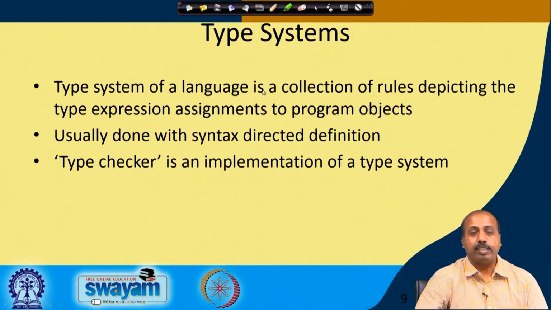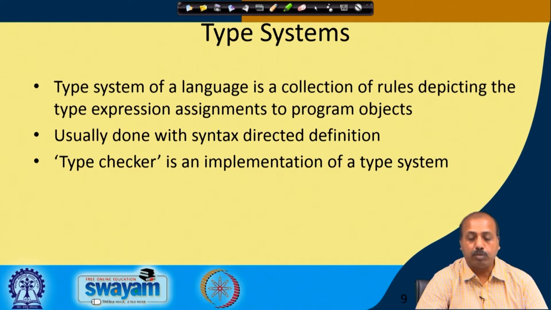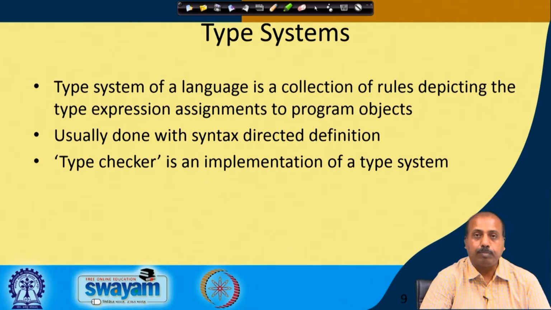So, the type system is a collection of rules for any programming language. If you look into the manual, it will tell you what the type rules of that particular language are. So, the type system of a language is the collection of rules that depicts the type expression assignment to program objects, like how these objects are assigned and what the type rules would be.